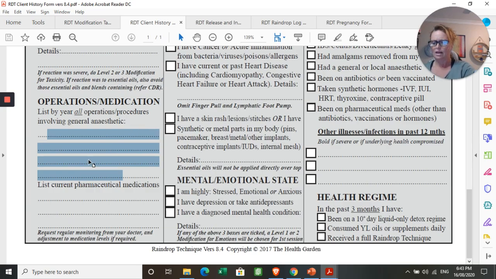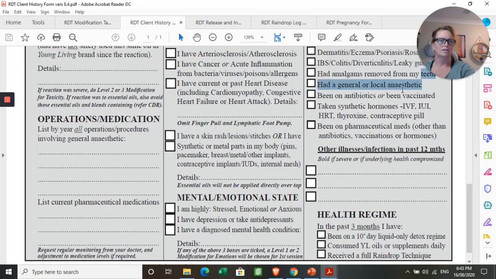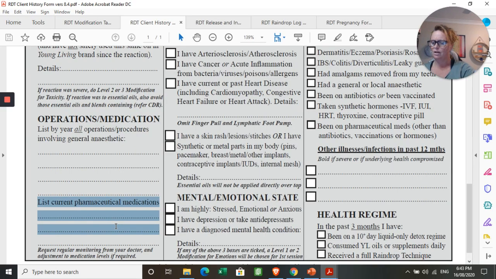And then if they do have something listed here in the last 12 months, you want to check over here to see if they've ticked that they've had a general or local anaesthetic, okay? Possibly even been on antibiotics during their operation or whatever it is that they had. I also want to see if they've listed their current pharmaceutical meds on their client history form.